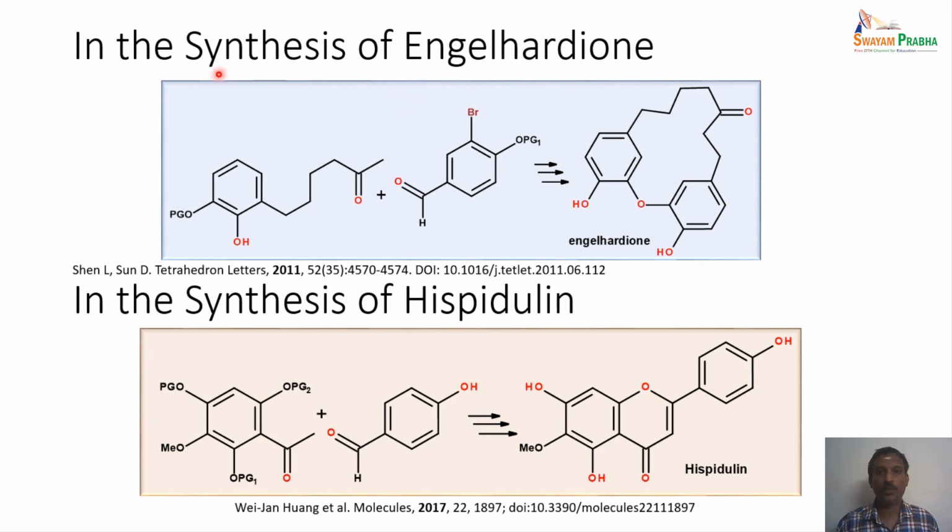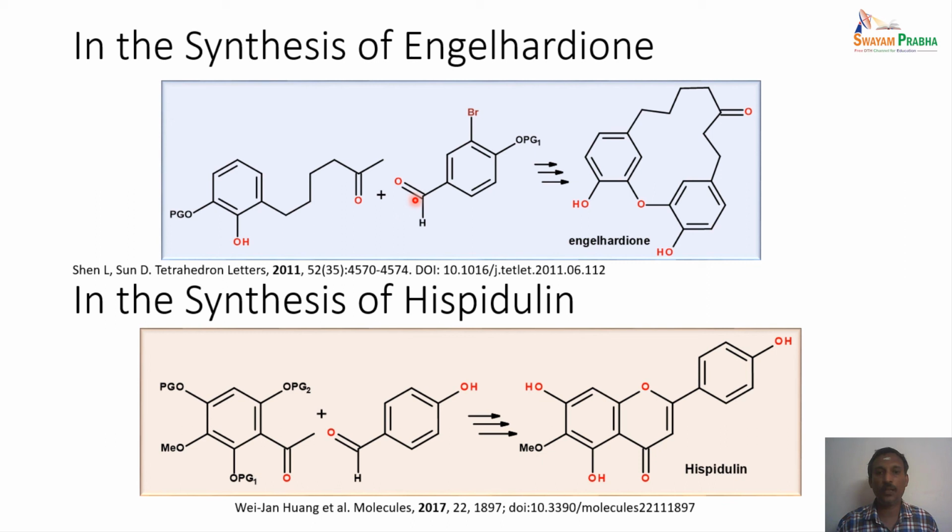Claisen Schmidt condensation can also be used in the synthesis of Engelhardione. The total synthesis is given here. Of course, the reaction involves various steps, and one of the crucial steps is the Claisen Schmidt condensation reaction. This ketone derivative is reacted with the substituted benzaldehyde derivative.